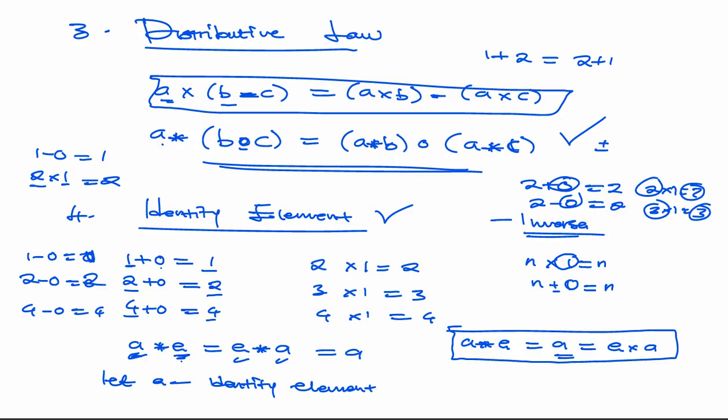Now we are going to understand what and how can we find an inverse after knowing the identity element. Okay, so now an inverse of an element becomes true with this.